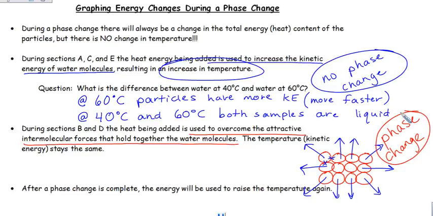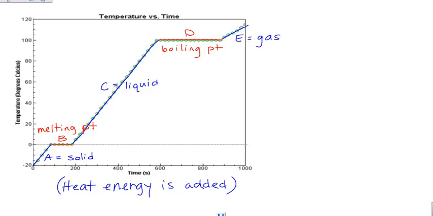Interesting. So for example, if I go back to my graph, at the melting point, we kind of mentioned this earlier, there will be an equilibrium. You will see both solid and liquid. Both phases exist at the same time when you are at 0 degrees. Early on, like at this point in the graph, it's mostly solid and just a little bit of liquid.